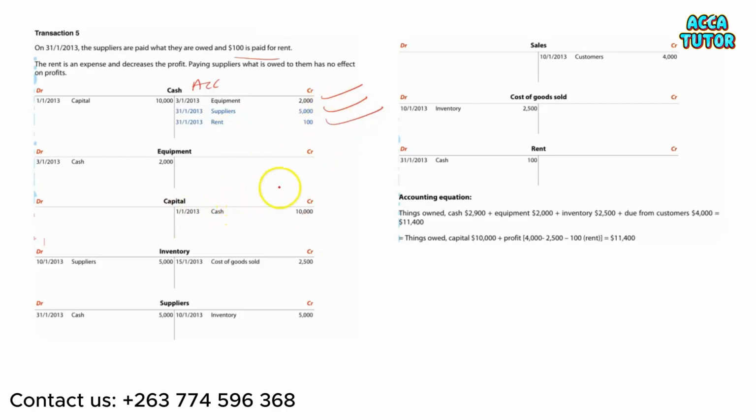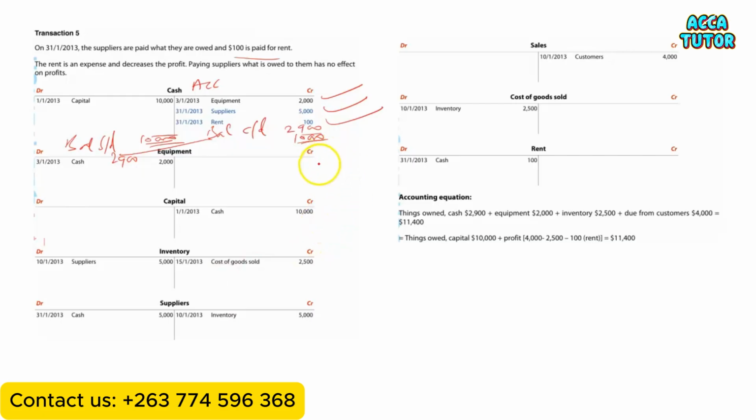So if we do the balancing, we should come to here. If we put our 10,000, remember the 10,000 is the larger amount, so it has to appear on both sides. Then the difference here, that is 10,000 minus 7,100, we should come to 2,900, if I'm not mistaken. This is our balance c/d, which means the closing balance b/d should be 2,900.